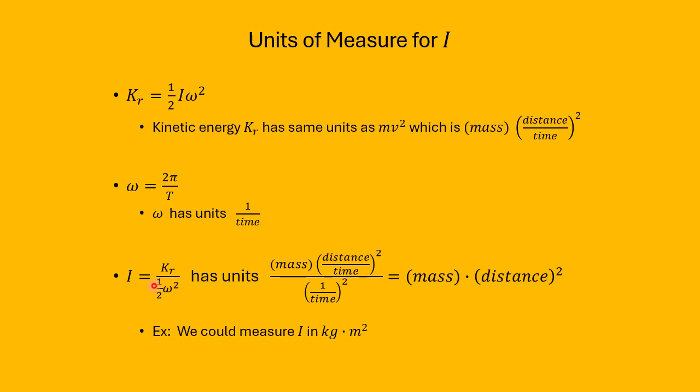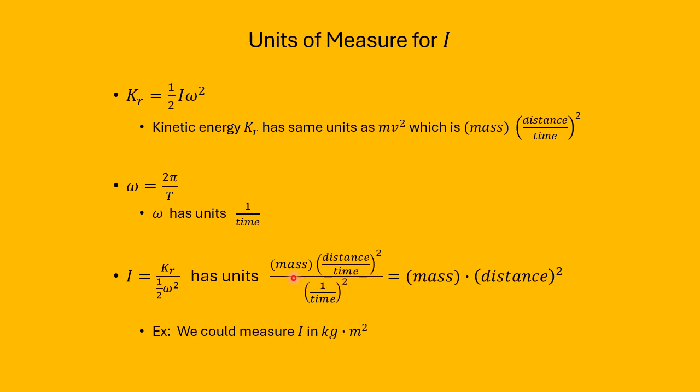I then has the units of the kinetic energy of rotation divided by 1/2 omega squared. The kinetic energy has units of mass times distance over time squared, and then omega has units of 1 over time. This is dimensional analysis, I guess you could say.